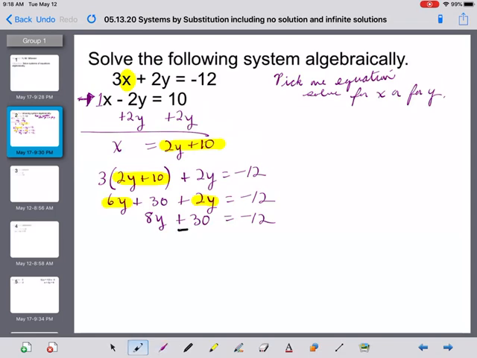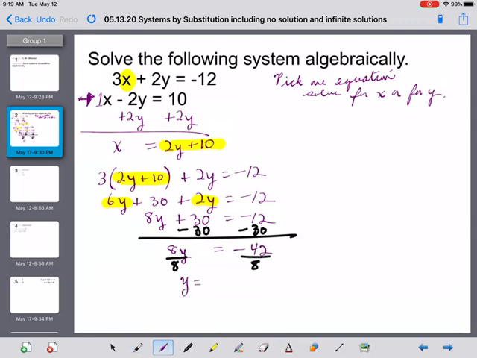Now we can subtract 30 from both sides. So that will give us 8y plus 0, cancels, equals now negative 12 plus negative 30 is negative 42. And then we will divide both sides by 8.